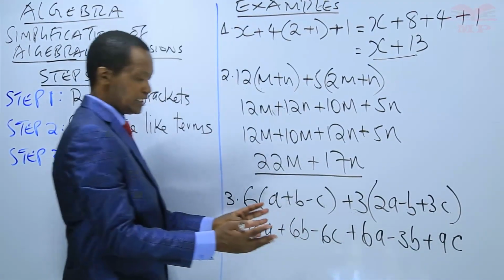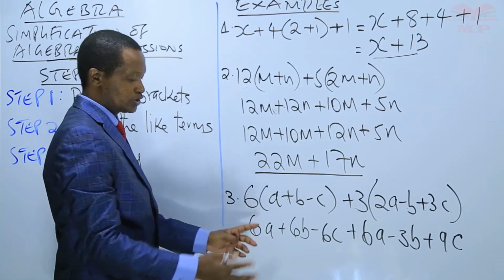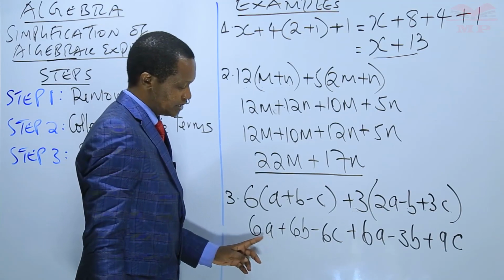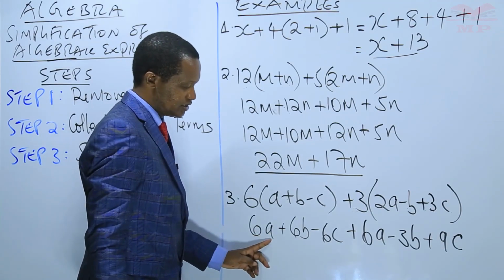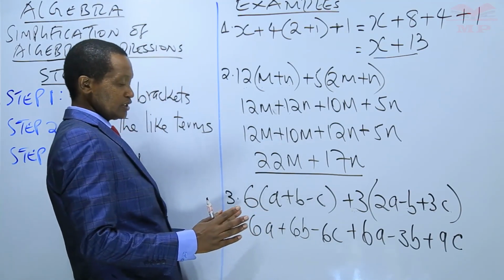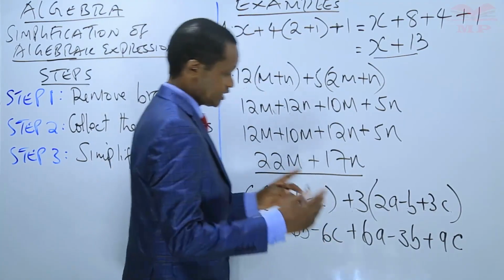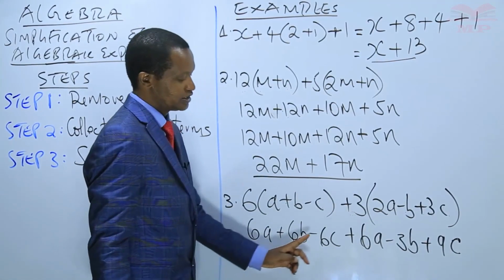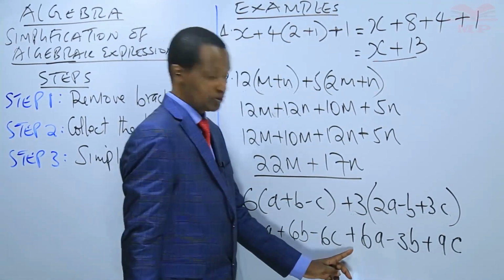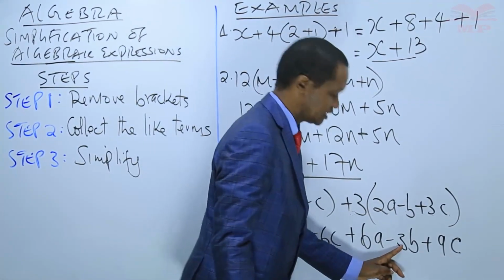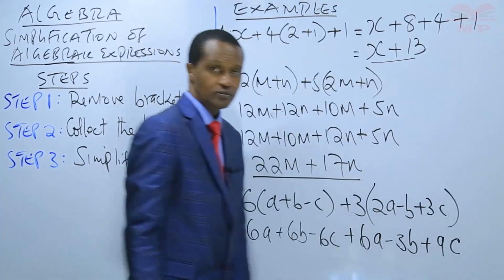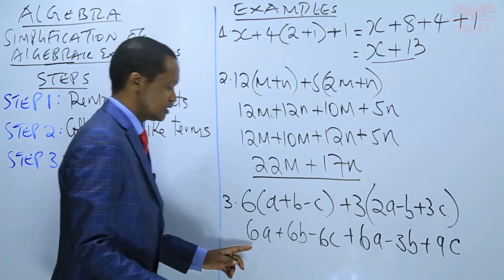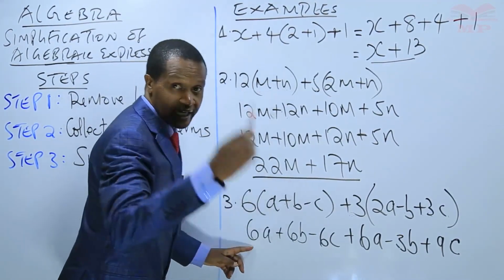Then we group the like terms. We are going to collect the terms that bear letter A. We put them together, including their signs. Every term has a sign. This has a positive sign, this has a positive sign, this has a negative sign, this has a positive sign, this has a negative sign and positive sign. So the terms that have letter A first.